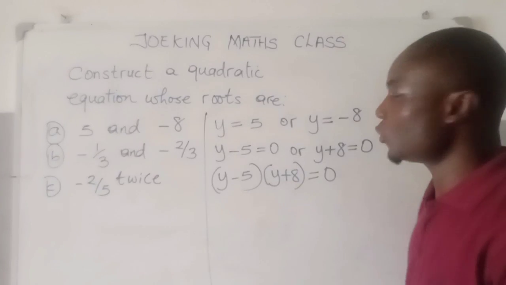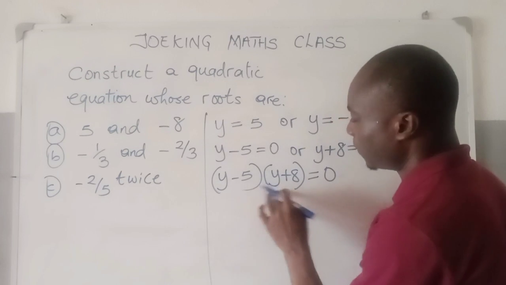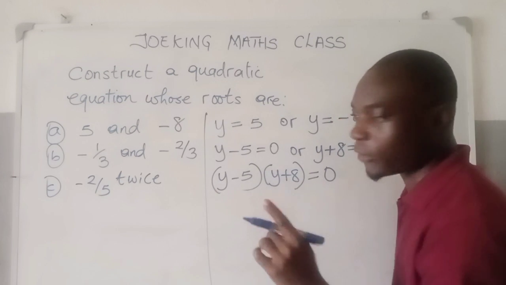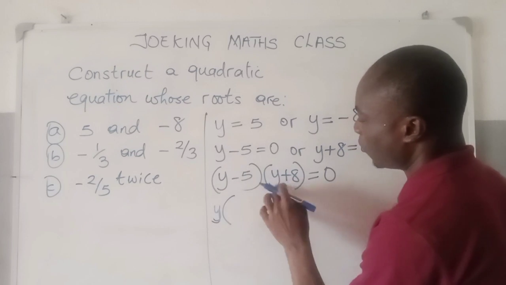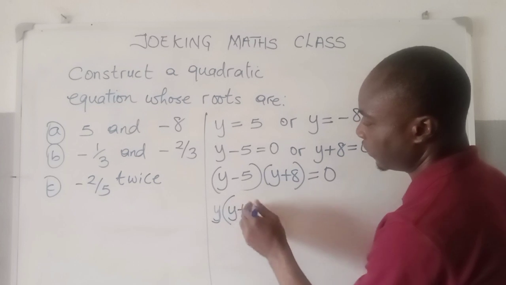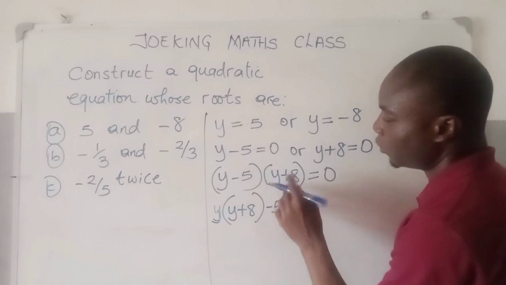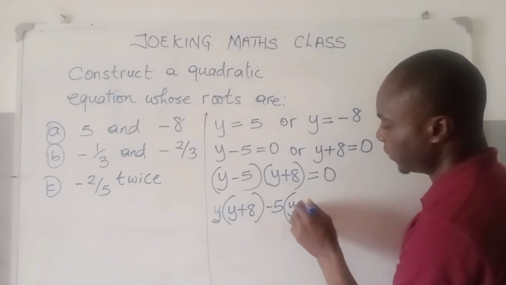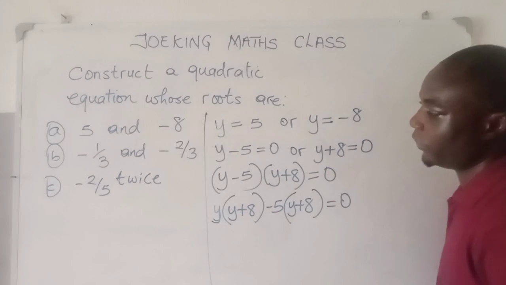The next thing we're going to do is to expand this. We'll use what is in this bracket to multiply everything in this bracket. So I'm going to say y in bracket of y plus 8, then minus 5, also multiplying y plus 8, and that's equal to 0.